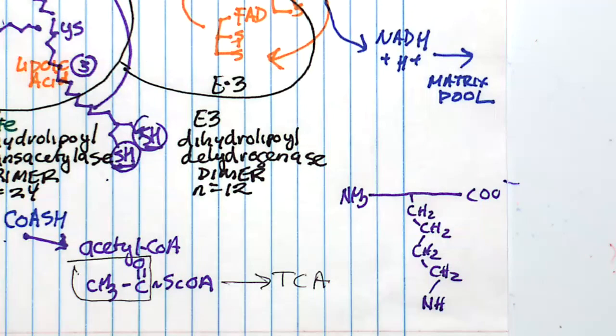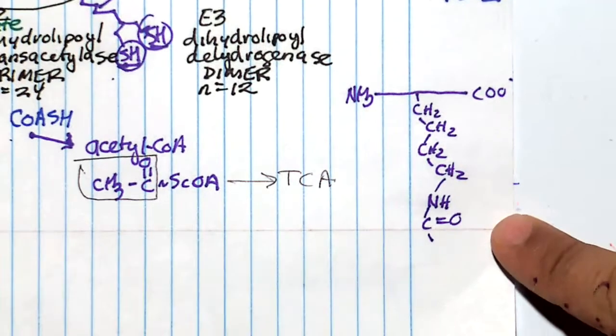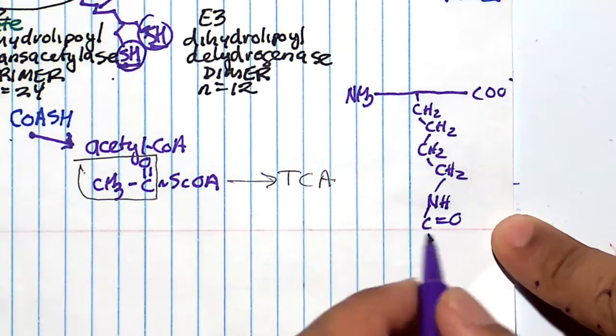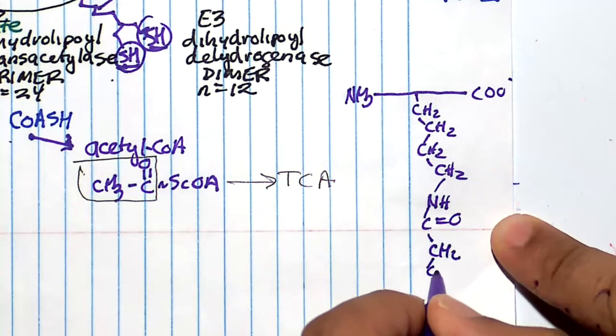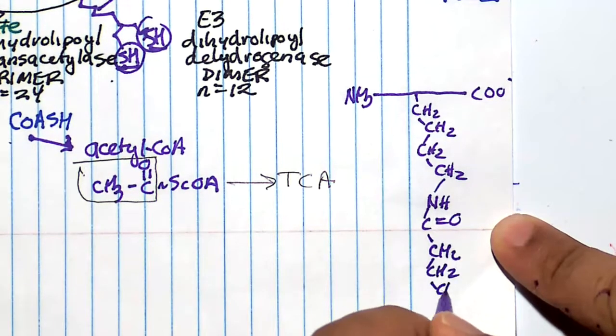However, as we stated before, that NH3 plus is now going to be conjugated to lipoic acid, and now you have a very, very long tether. As I stated before, it's about 14 angstroms long.